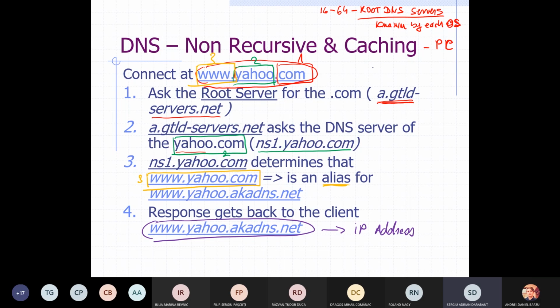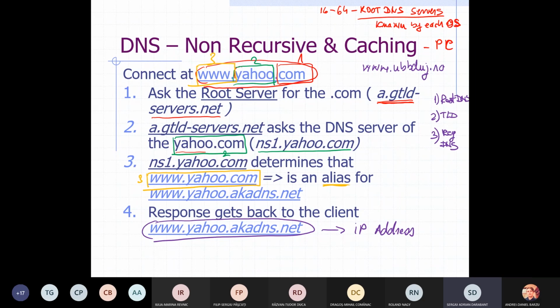Usually, for something like www.ubbcluj.ro, you'll ask first a root DNS, then a TLD, and then at least a regular DNS.